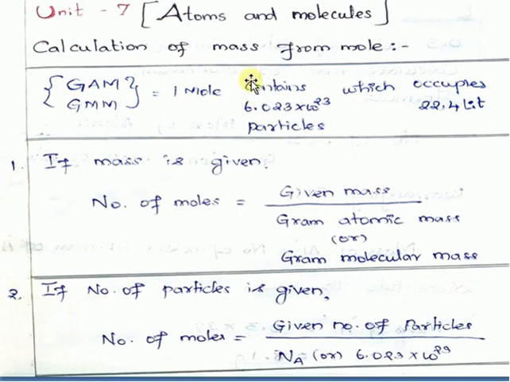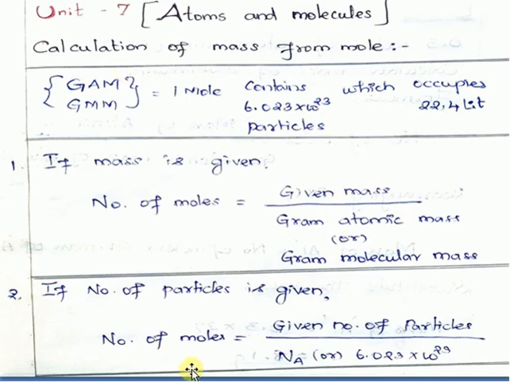Similarly, it contains 6.023 x 10^23 particles, otherwise called Avogadro number, which occupies 22.4 liters at STP. So this information is very important in doing all these sums.